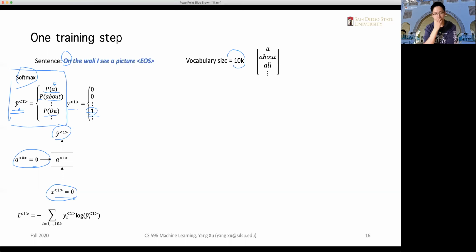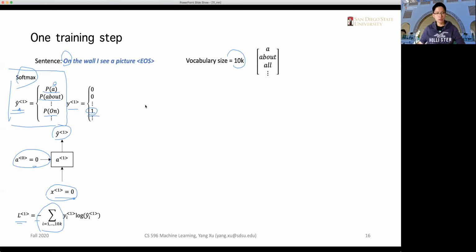Remember the loss looks like this. We sum up a bunch of products, which is y1 times the logarithm of y hat 1, right? And because we have 10K elements in a vector, we sum up 10K such products and give a negative sign here. So that is the loss of the first step.